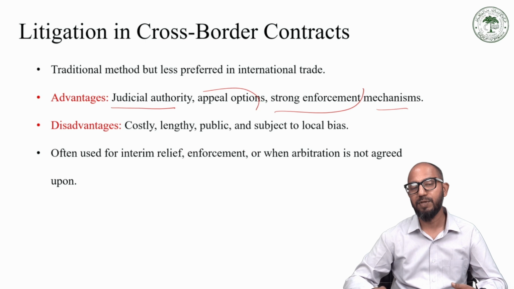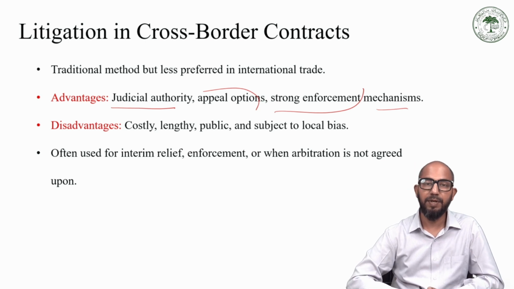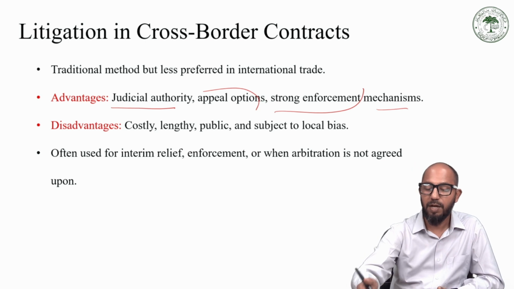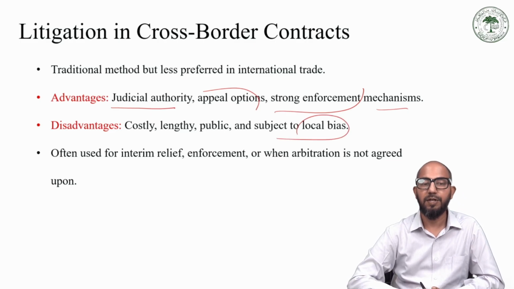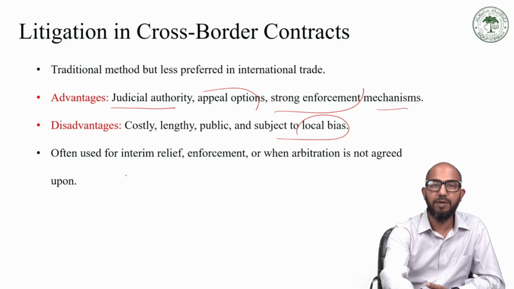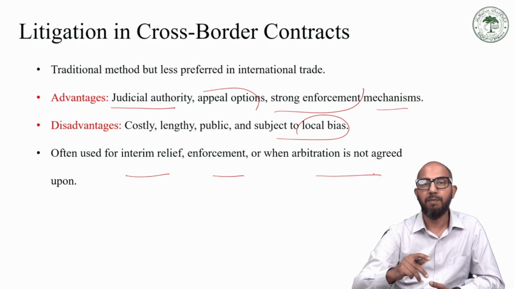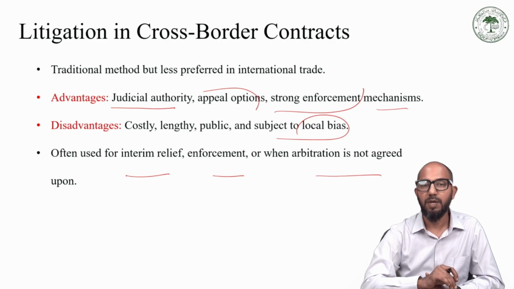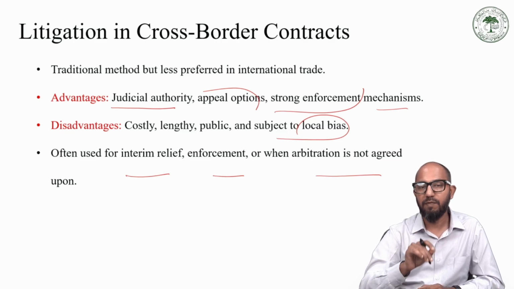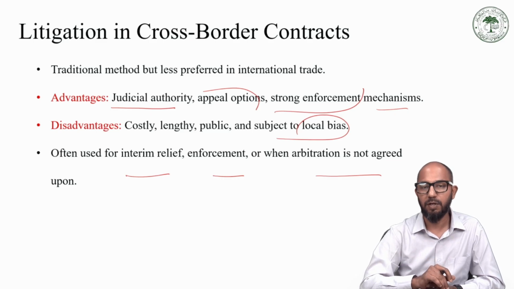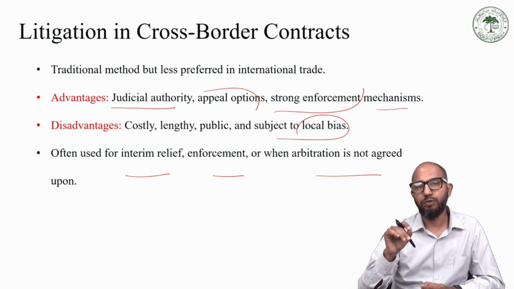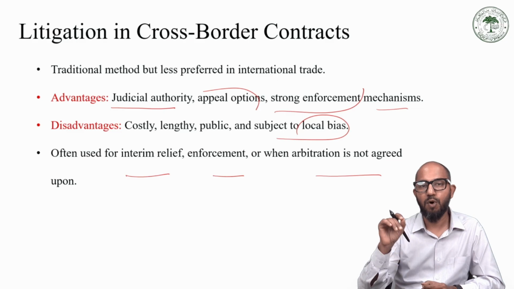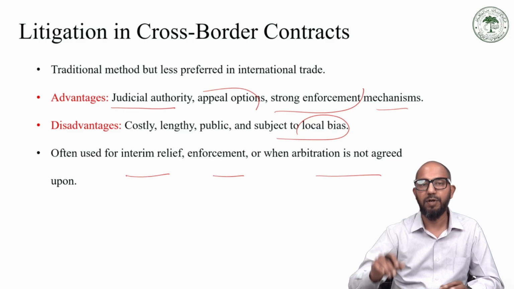Public means everything related to the company or the business will be in the public domain, and they are also subject to certain local biases or heuristic biases. Litigation is often used for interim relief, enforcement, or when arbitration is not agreed upon. However, as exporters, we should always be vigilant of litigation. We should try to focus more on mediation, mutual agreement, conciliation, or arbitration rather than going for litigation.